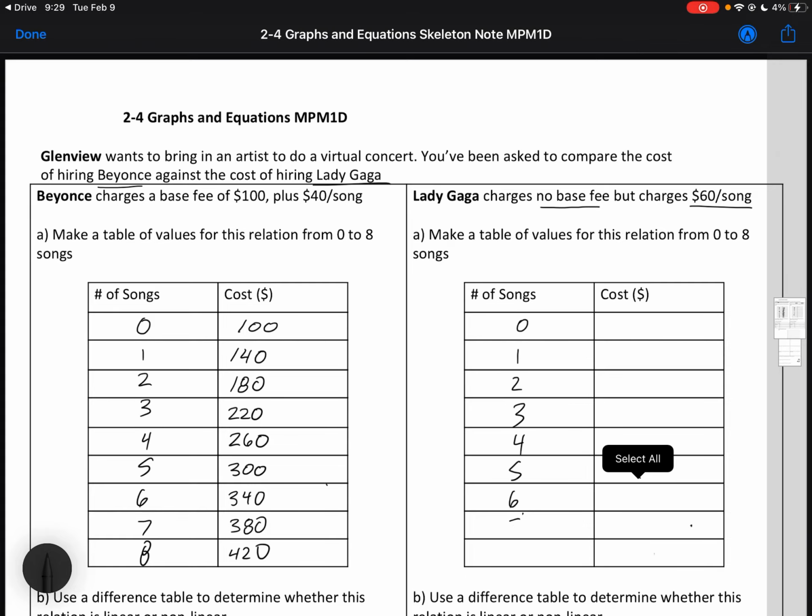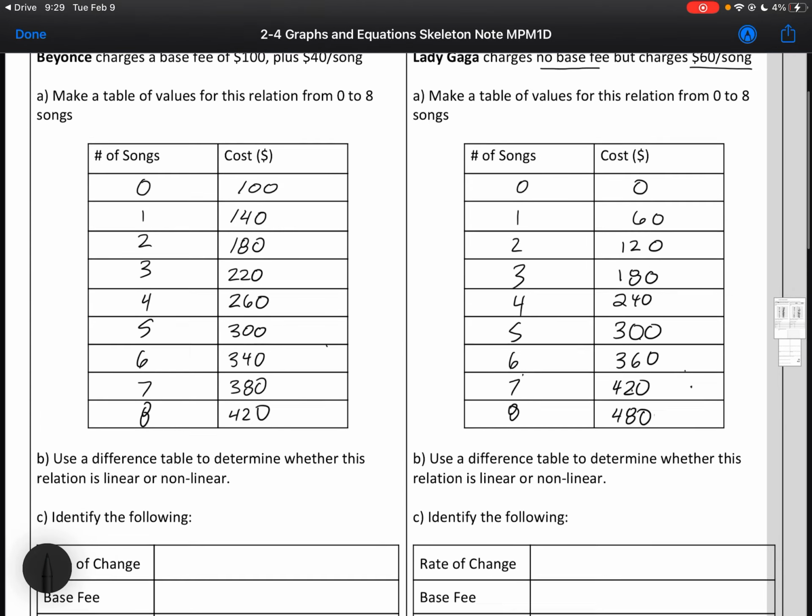So doing the same thing: 0 songs is $0, but 1 song is $60, 2 is $120, 3 is $180, 4 is $240, 5 is $300, 6 is $360 because her charge is $60 per song, 7 is $420, and then 8 is $480.